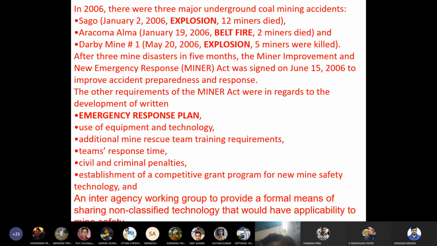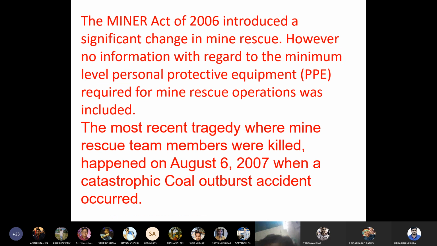If any emergency situation arises in your mine, then you should have an emergency response plan, use of equipment and technology, additional mine rescue team training requirements, team's response time, civil and criminal penalties, and establishment of a competitive grant program for new mine safety technology. All these things we have discussed.